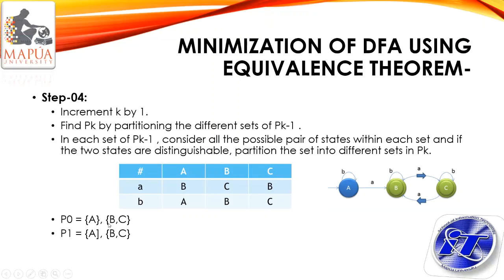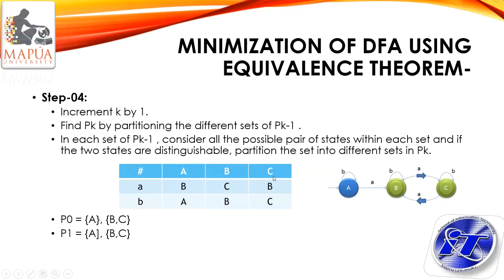Let's check B. When we have A, it will go to C, so C is part of the group. So when B encounters A, it falls within the group BC. How about when B encounters B? It will just stay within itself, so it is still within the group.